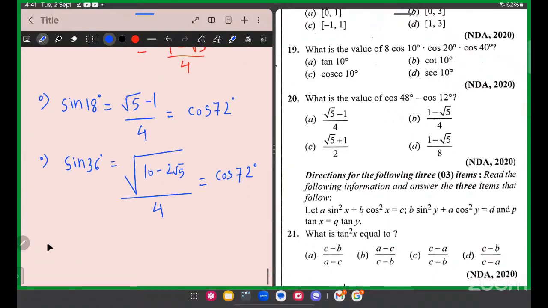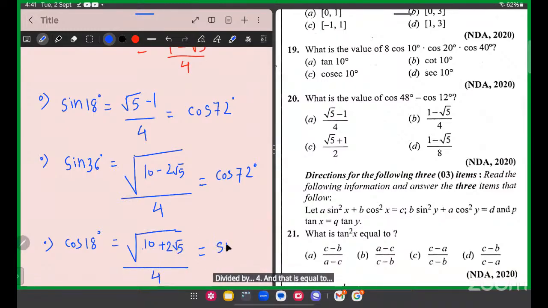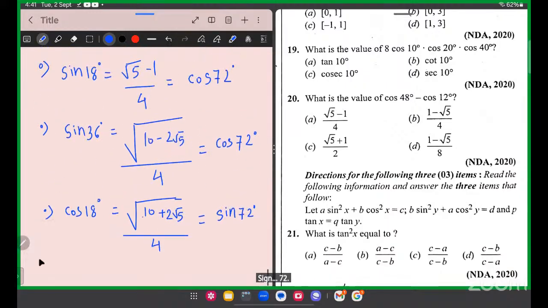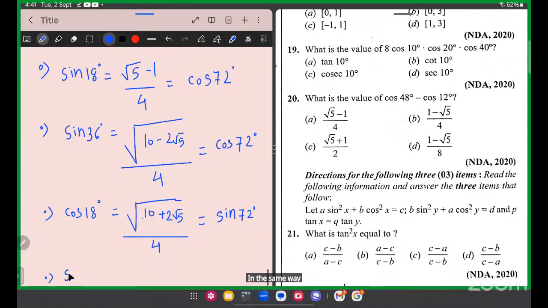Next, cos 18. Cos 18 is under root 10 plus 2 root 5 divided by 4. And that is equal to sine 72. In the same way, sorry, my mistake here.